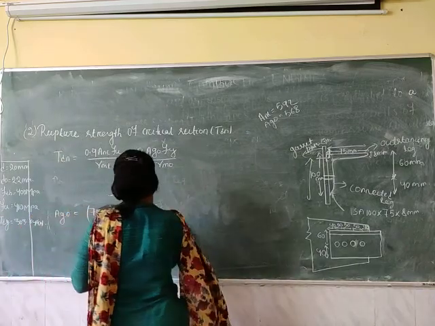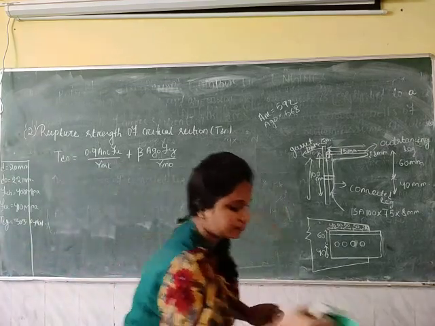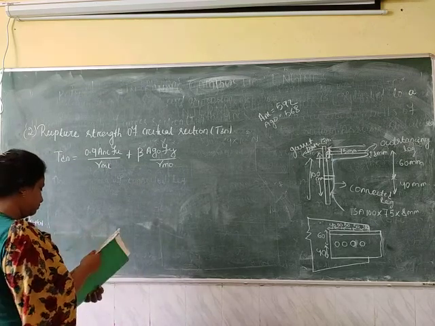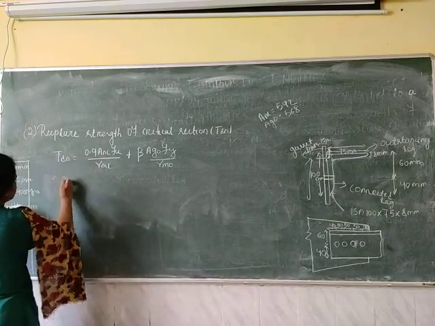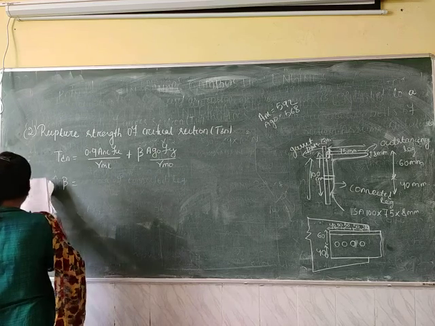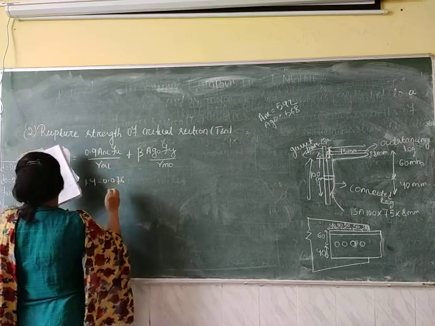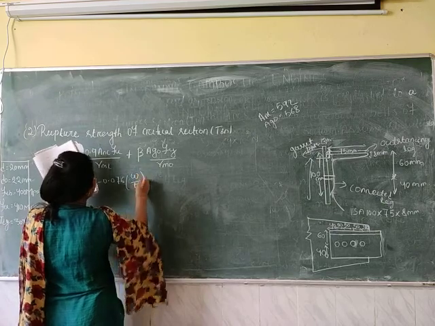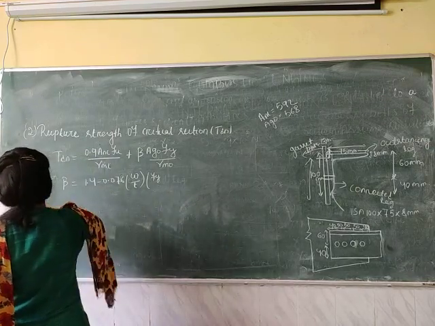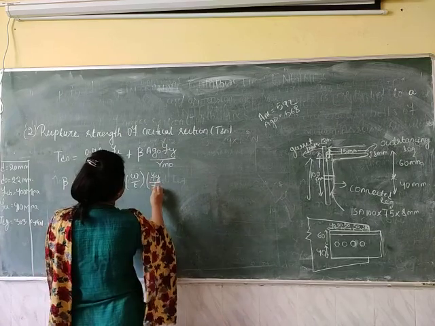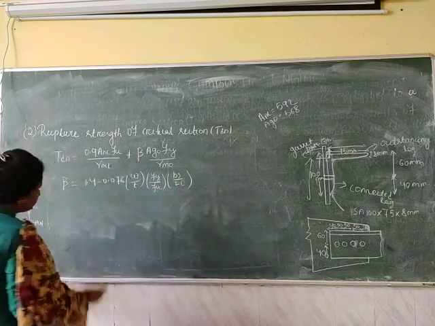So beta is a constant, and it can be calculated from the equation, that is 1.4 minus 0.076 w by t into fy by fu into bs by Lc.